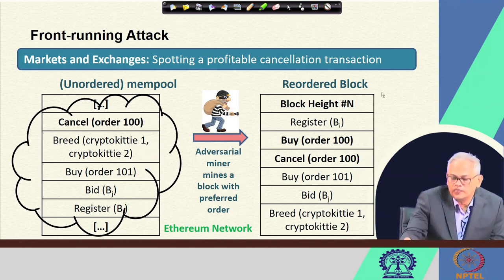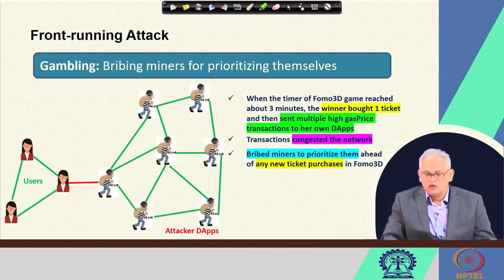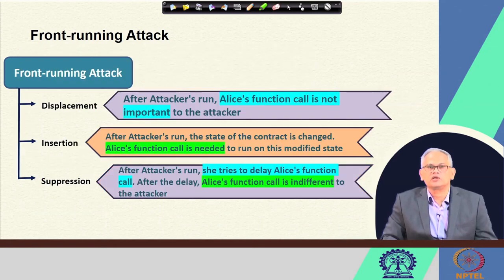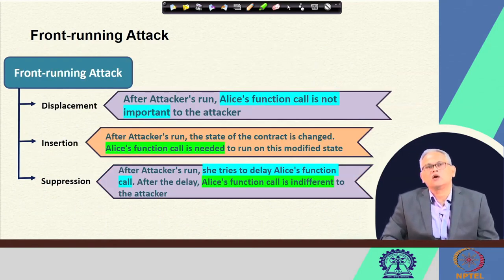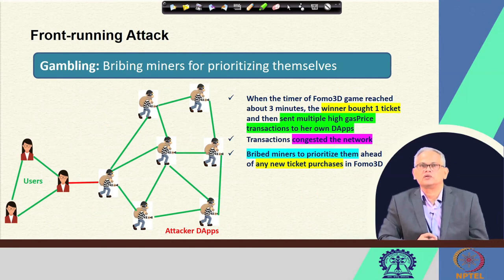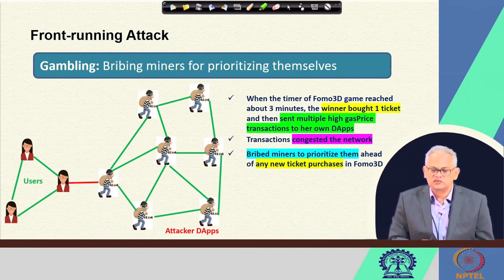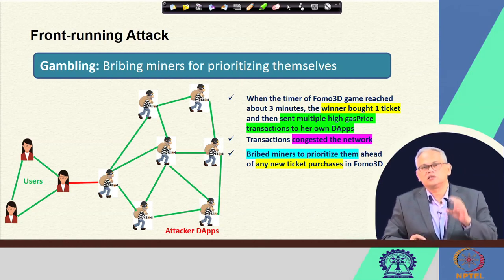Then finally, we will take an example here, which, as I had mentioned, is only one type of suppression attack that the authors of the paper had noticed, and this is less frequent, but also very interesting. It was this game FOMO 3D. What it did was very interesting.